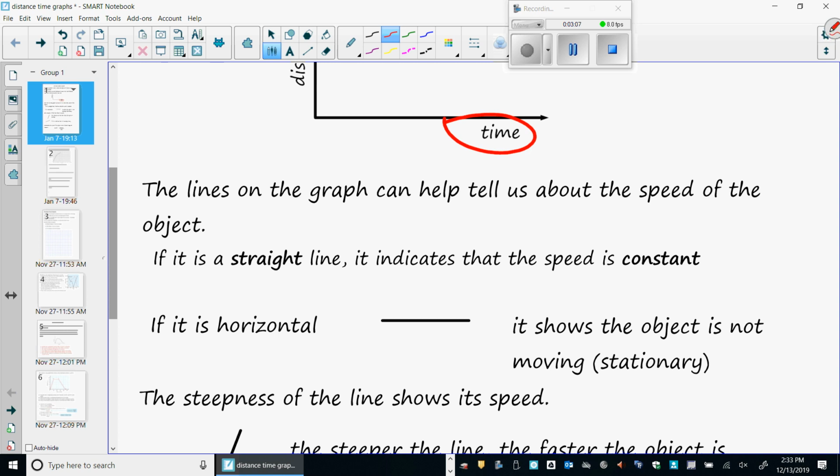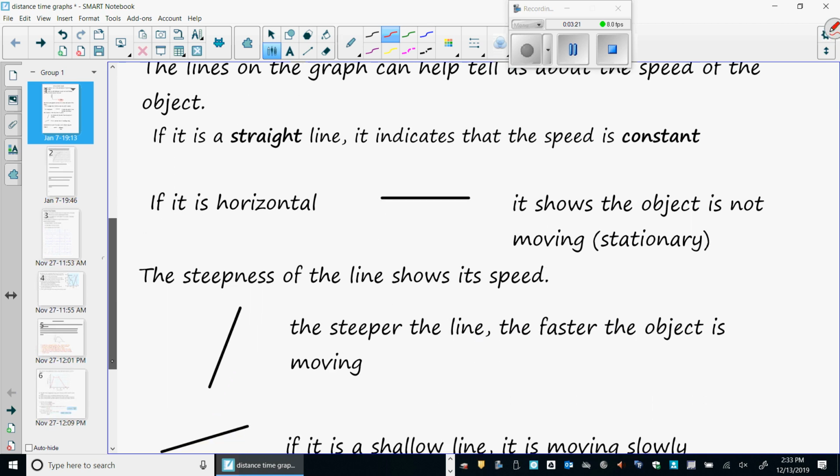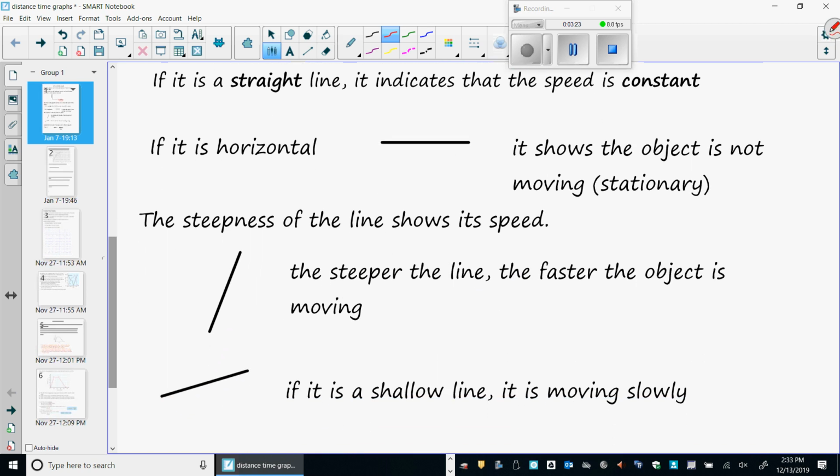Stationary with an A is where you're stopped. So, if it's horizontal, it's not moving. Which again also makes sense because time is ticking along and the distance you're travelling is not changing. So if time is ticking and the distance you travel is not moving, it must mean you're stopped.